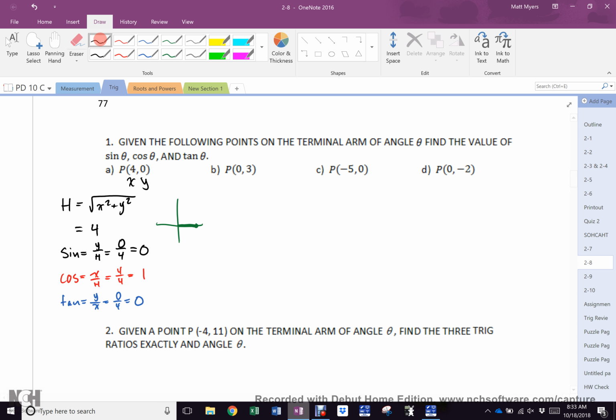What's the h? So, let's keep her going. Sine is what? Y over h, so 3 over 3, which is 1. What's cos?